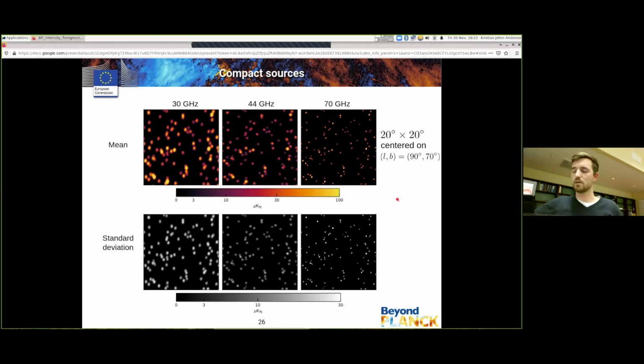This is completely consistent with an effective negative spectral index, which on average lies around minus 2.3, 2.5. But another thing that we see is that because the lower frequency detectors have a wider beam, the signal itself is more smeared out. It's wider on the sky.